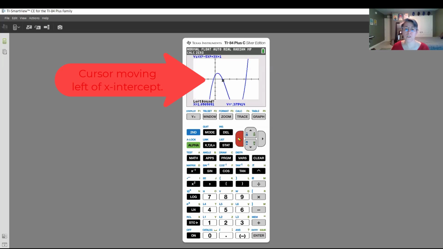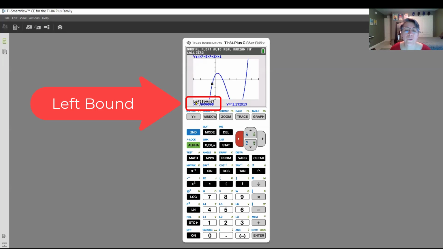So notice I'm going to hit this arrow button, and it's going to move my cursor on the graph all the way over to the left, because I first want to find this left 0. So if we go down here, it says left bound. It's wanting us to give an interval where we know that 0 exists, so it knows that we're looking for the same 0. So I'm going to move that cursor just to the left, and I'm going to hit enter.